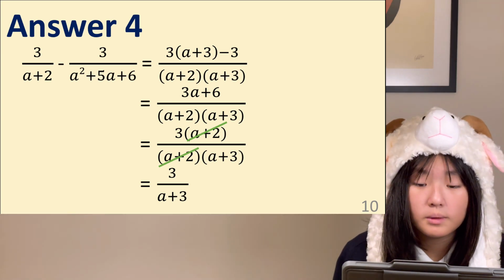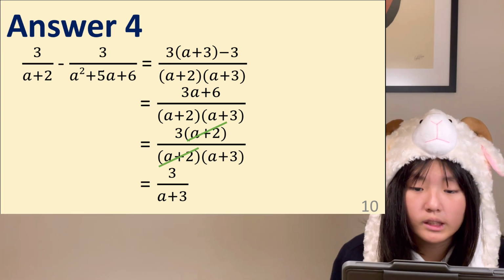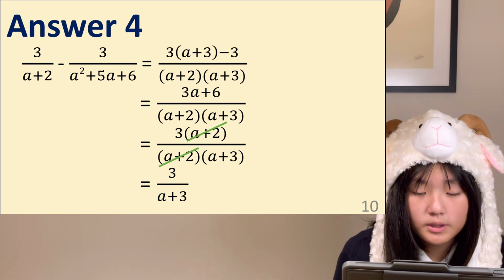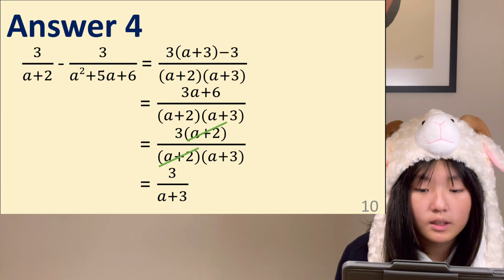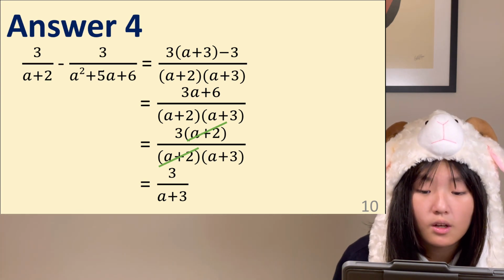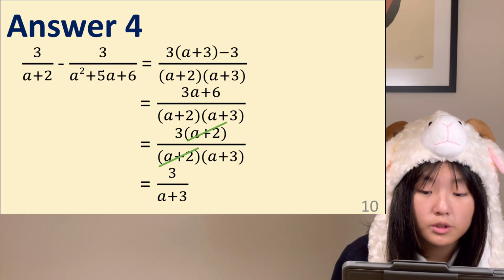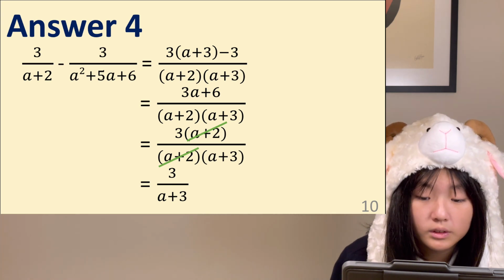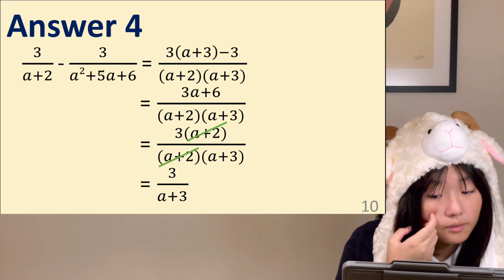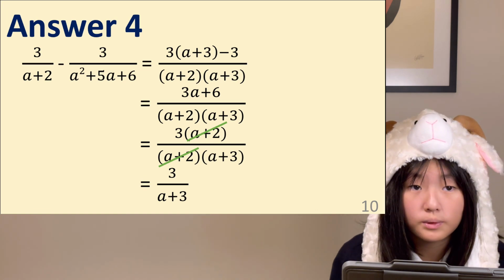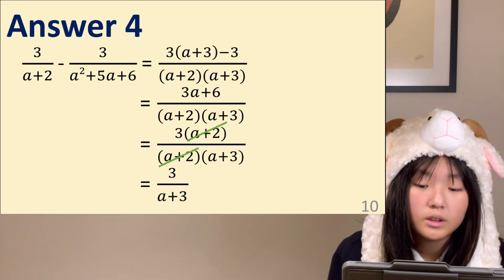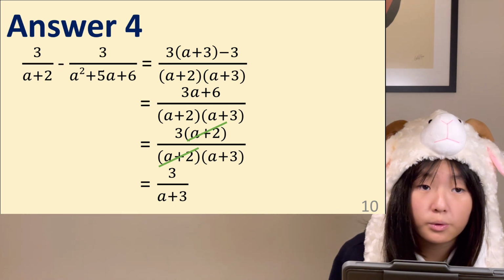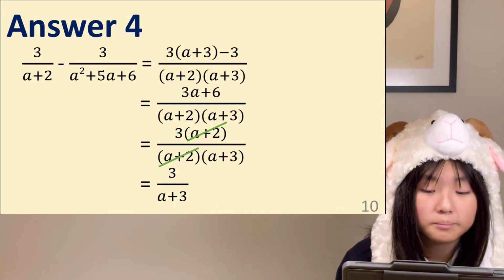It becomes 3 brackets a plus 3 brackets close minus 3 over a plus 2 times a plus 3, which equals 3a plus 6 over a plus 2 multiplied by a plus 3, which you can factorize the 3a plus 6 into 3 times a plus 2. So you can cross the a plus 2's, and the answer you will get is 3 over a plus 3.